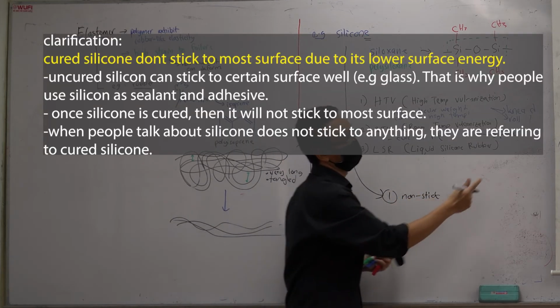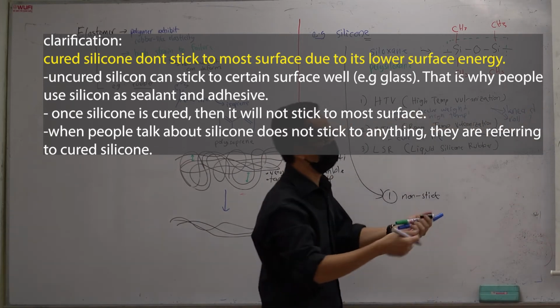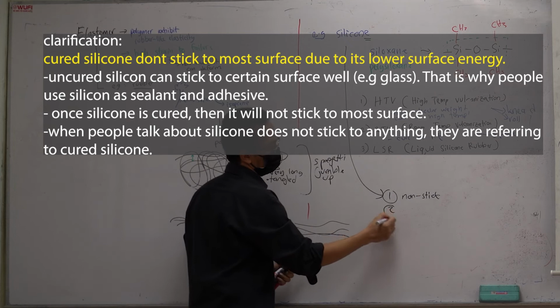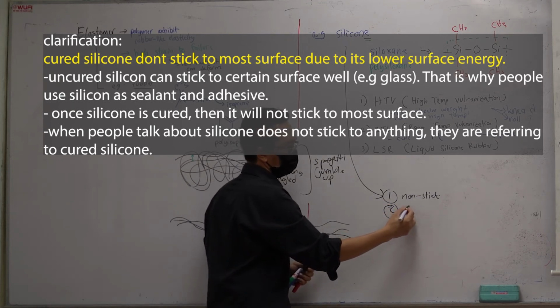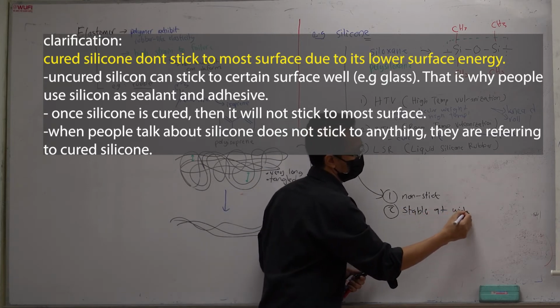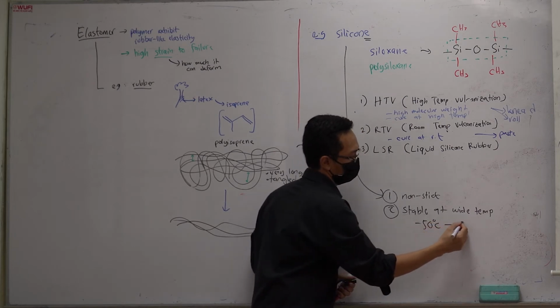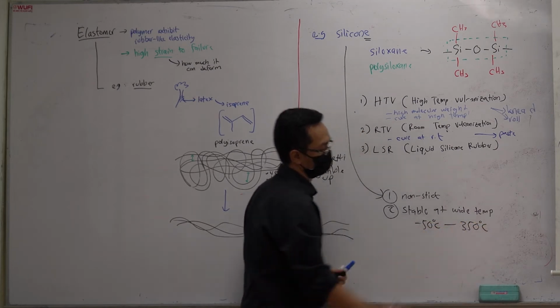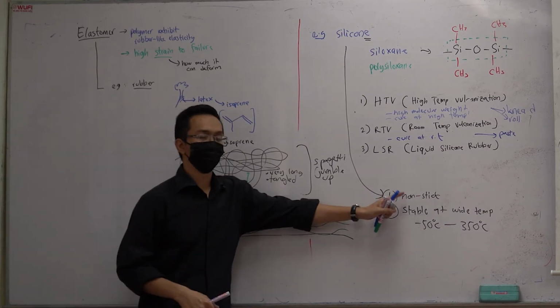That's why you use it for baking: you can pour it, and take it out easily. Secondly, it is stable over a wide temperature range, typically between -50 Celsius and 350 Celsius. So that is the stability, and also the ability to not stick.